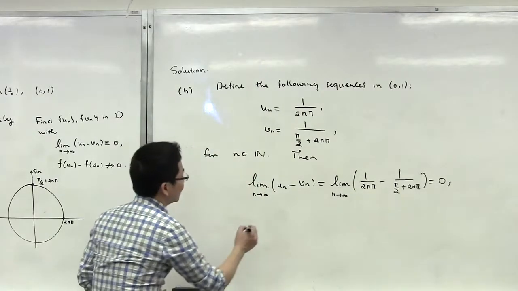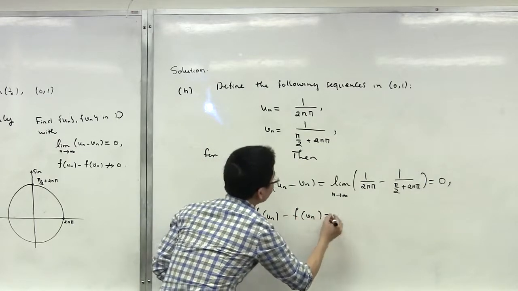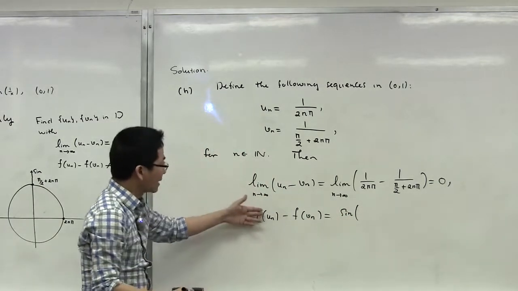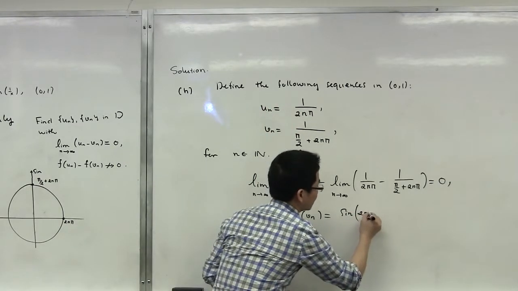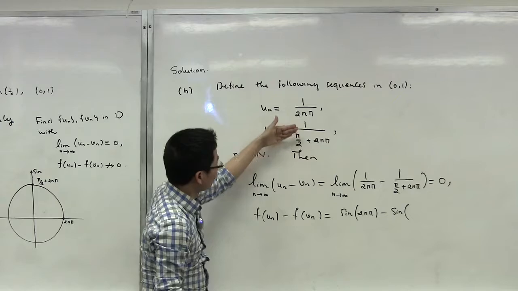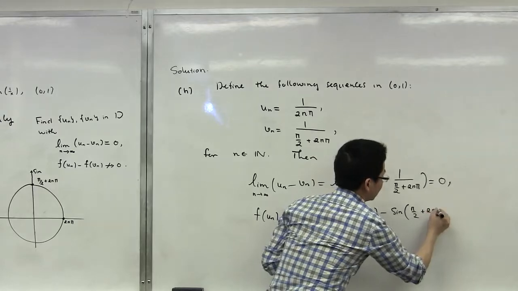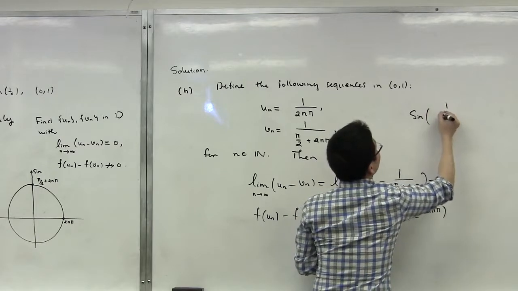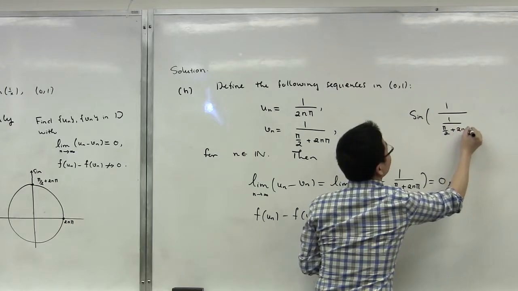At the same time, f of un minus f of vn is equal to sine of 1 divided by un, so it's sine of 2n pi, minus sine of pi over 2 plus 2n pi, because here it is sine of 1 over (pi over 2 plus 2n pi).